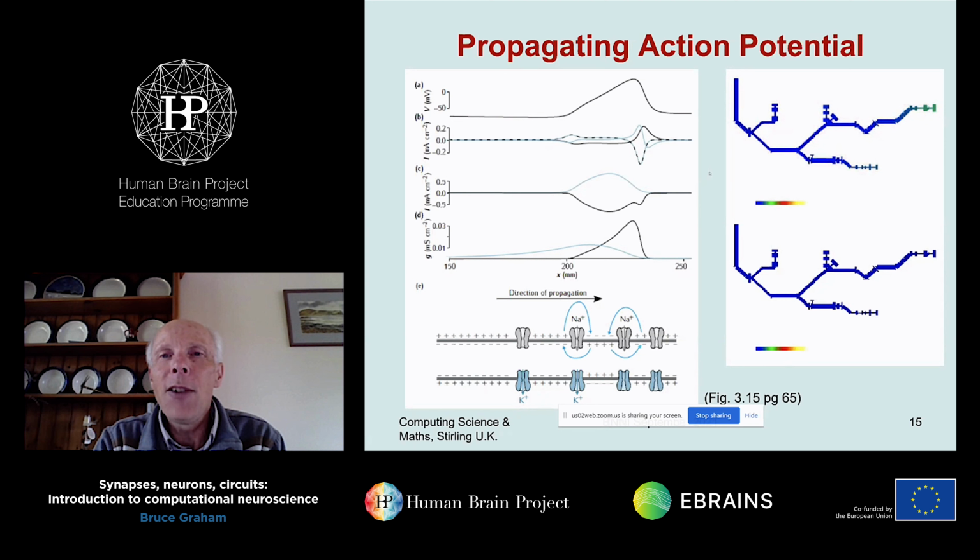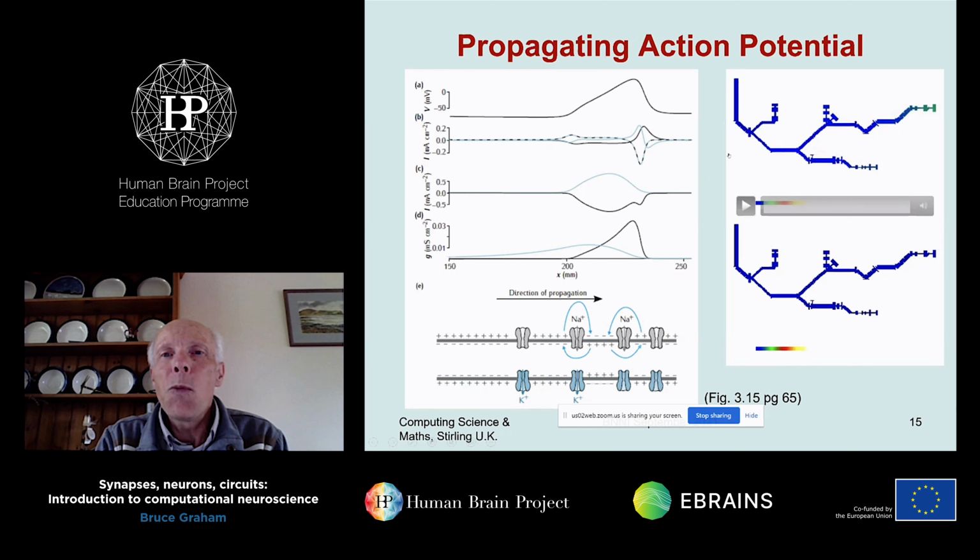What you can see here is a reconstruction, as a compartmental model, of a section of a cat motor neuron axon. It starts here and goes along. There are branches in the axon, and there are swellings known as boutons, where typically it forms synapses with receiving neurons.